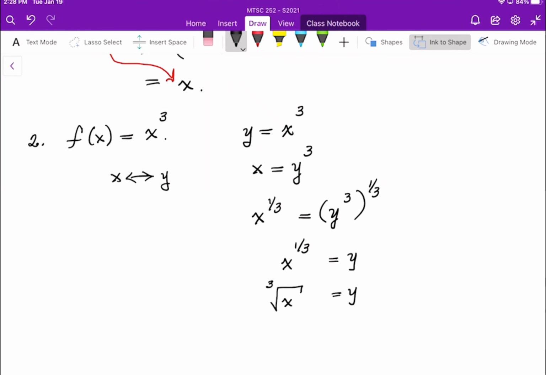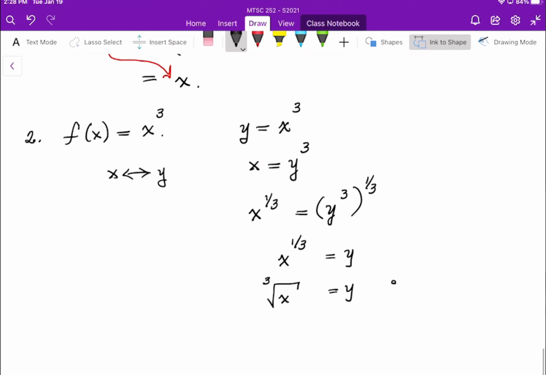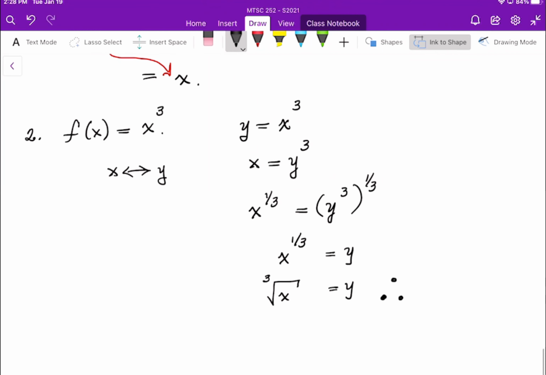So therefore, three dots, if you've ever seen that before, that means therefore. f inverse of x is x to the 1/3, or the cube root of x. So if I cube something, in order to go back, I take the cube root.